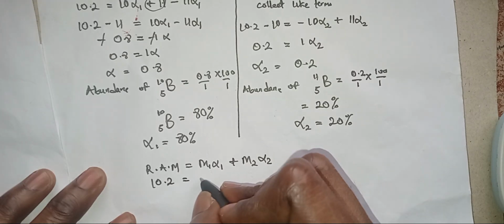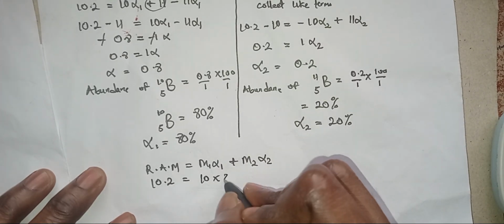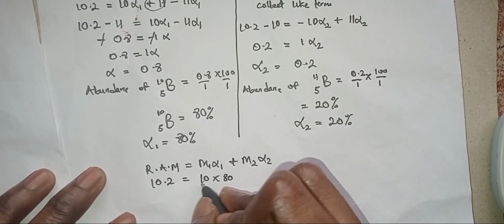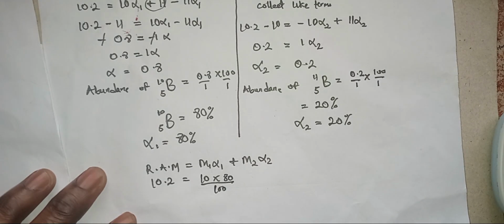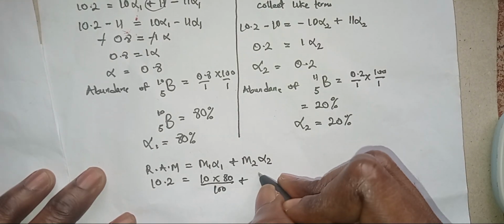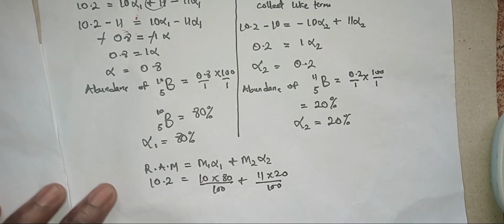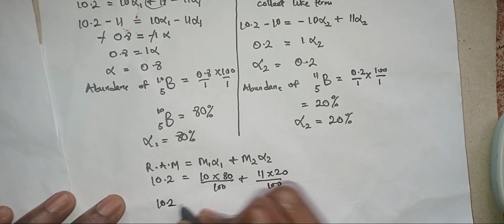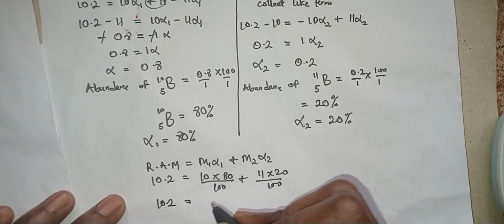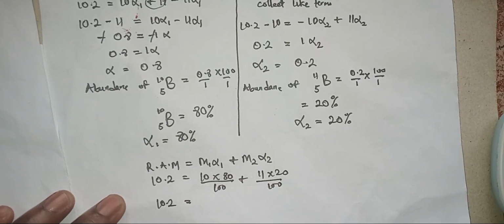So this one, M1 is 10. We have gotten this one to be 80, and don't forget the percentage, we are going to divide by 100, plus 11 multiplied by 20 upon 100 also. So this one will give us 10 multiplied by 80 divided by 100, which gives us 8.